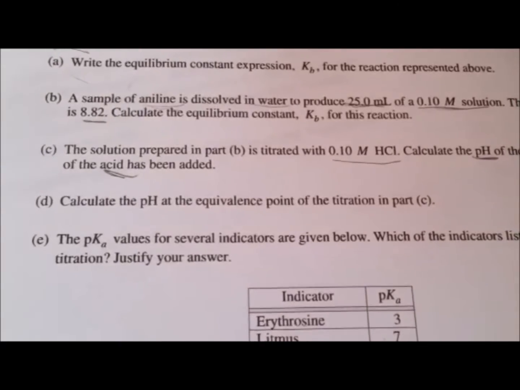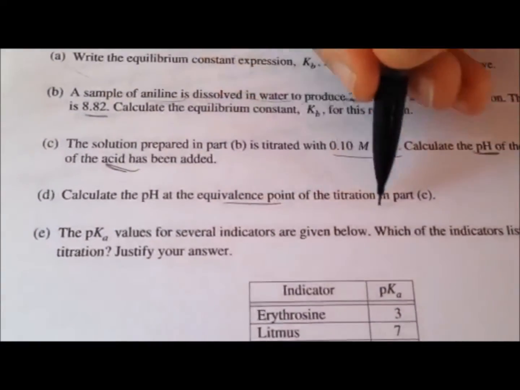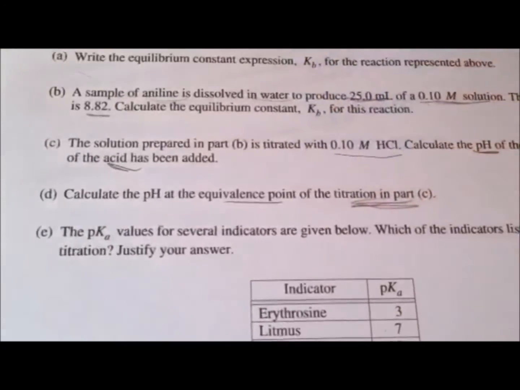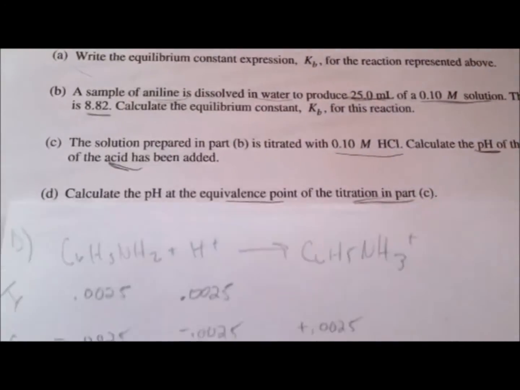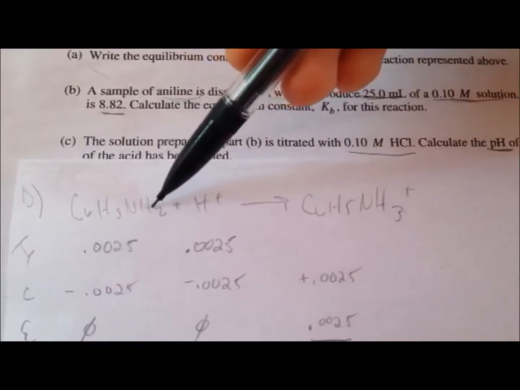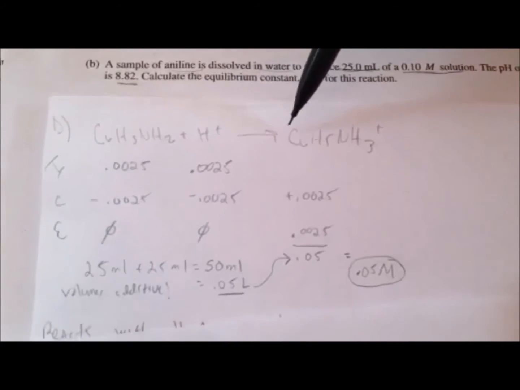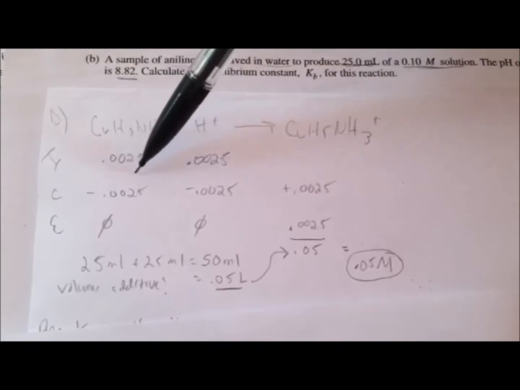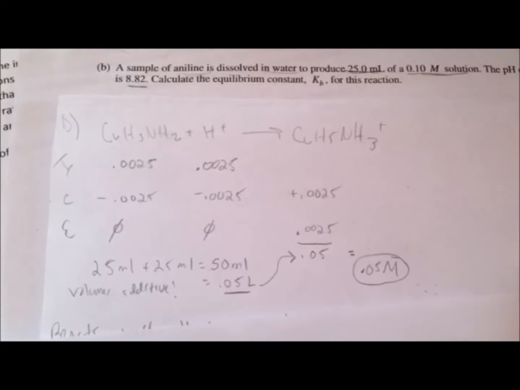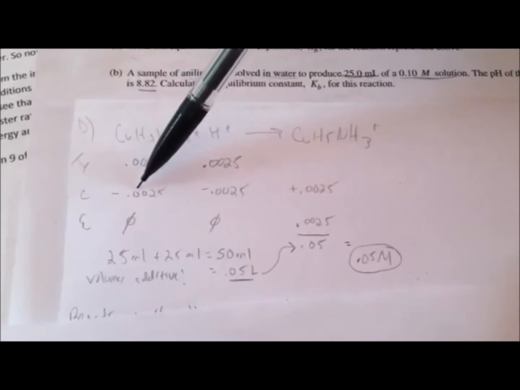Part D. Calculate the pH at the equivalence point for the titration in Part C. So we use that equation from Part C, C6H5NH2 plus H+ yields C6H5NH3+. We convert everything into moles and use 0.0025 because that's what we started with of our weak base. At the equivalence point, everything is used up, so at equilibrium we'll have nothing left, and since we're losing 0.0025, we're making 0.0025 product.